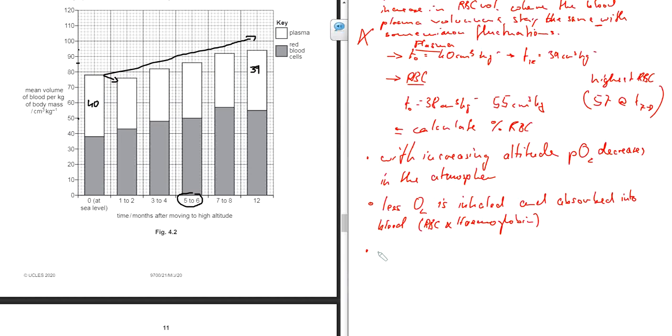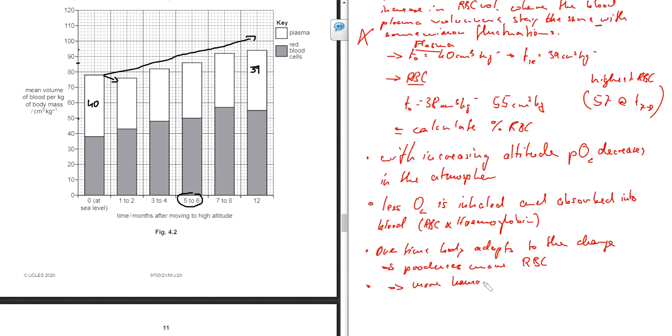And that leads to, over time, the body adapts to the change, produces more red blood cells, which means more hemoglobin, which allows more O2 can be absorbed and taken into the blood. And yeah, that should be it for the explanation.